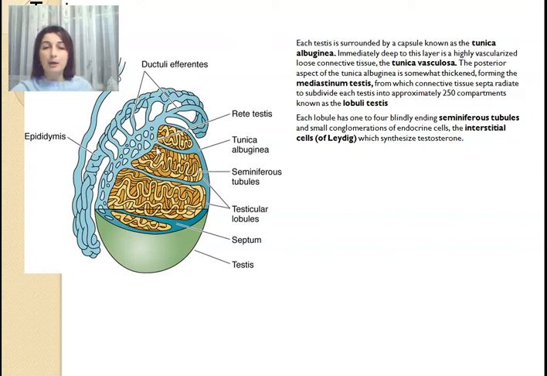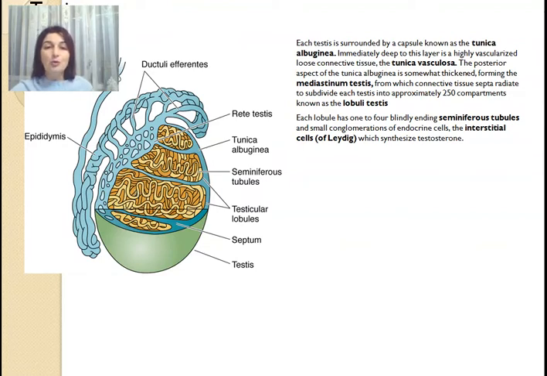In the back part of the organ, it forms a thickening which is called the mediastinum testis. From the mediastinum testis, there are lots of septa, trabeculae, which enter the organ and subdivide it into individual lobules. Each lobule has a pyramidal shape. There are approximately 250 lobules in each testis.